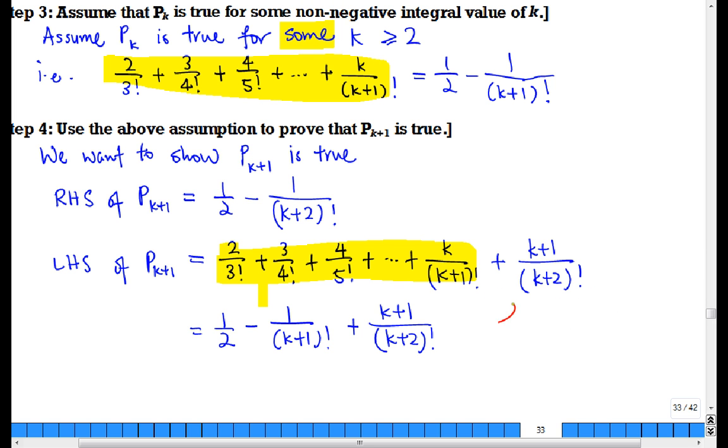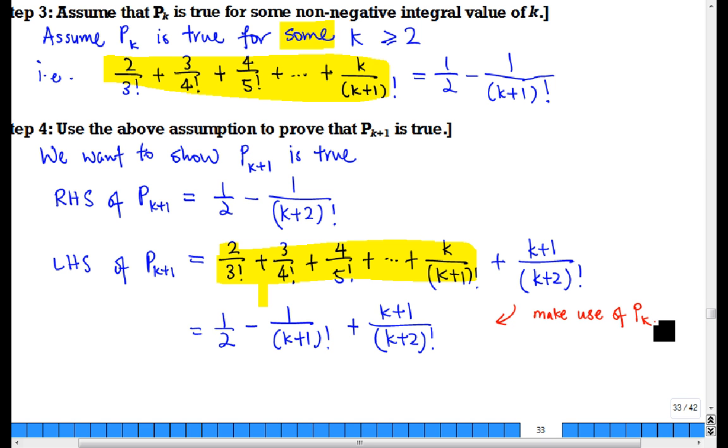This one is just a comment. Make use of the assumption Pk. We must somehow, within this step number 4, make use of Pk. If your step number 4 has not made use of Pk, then something is wrong. Follow so far? Must make use of Pk.